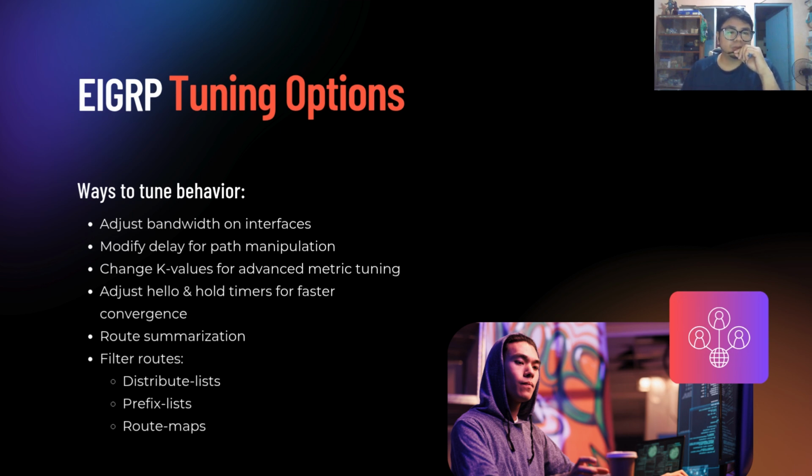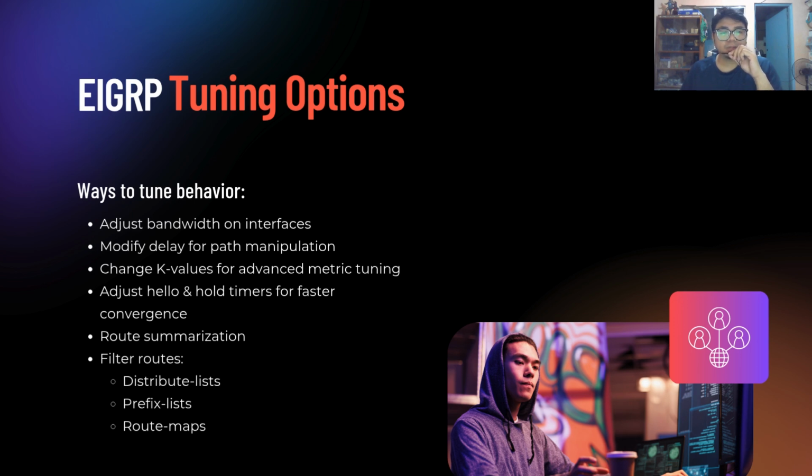EIGRP can be tuned to influence routing behavior. Adjusting interface bandwidth or delay is a common method to manipulate route preference without needing to use static routes. Changing K values allows you to include metrics like load and reliability, but all routers must match or adjacency will fail.